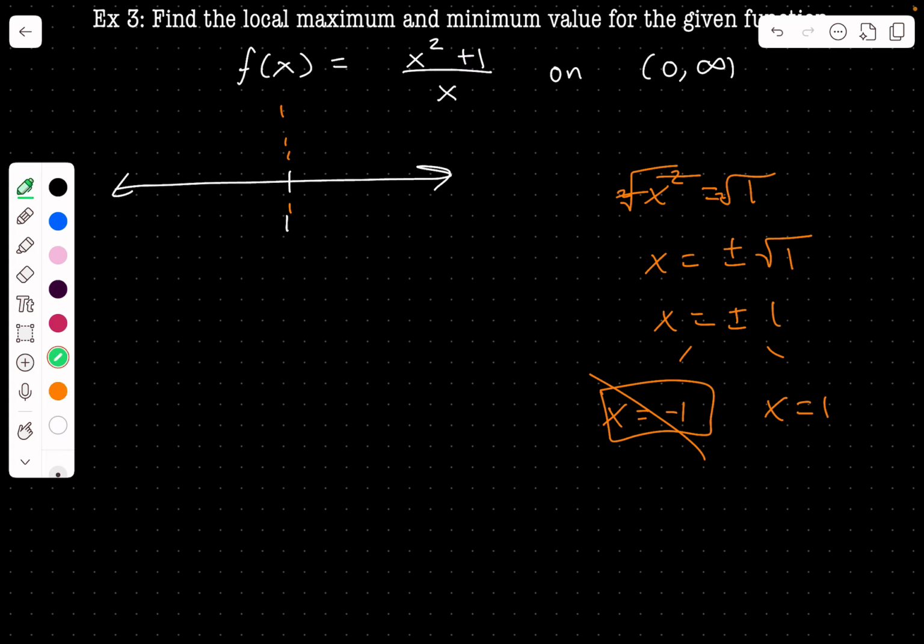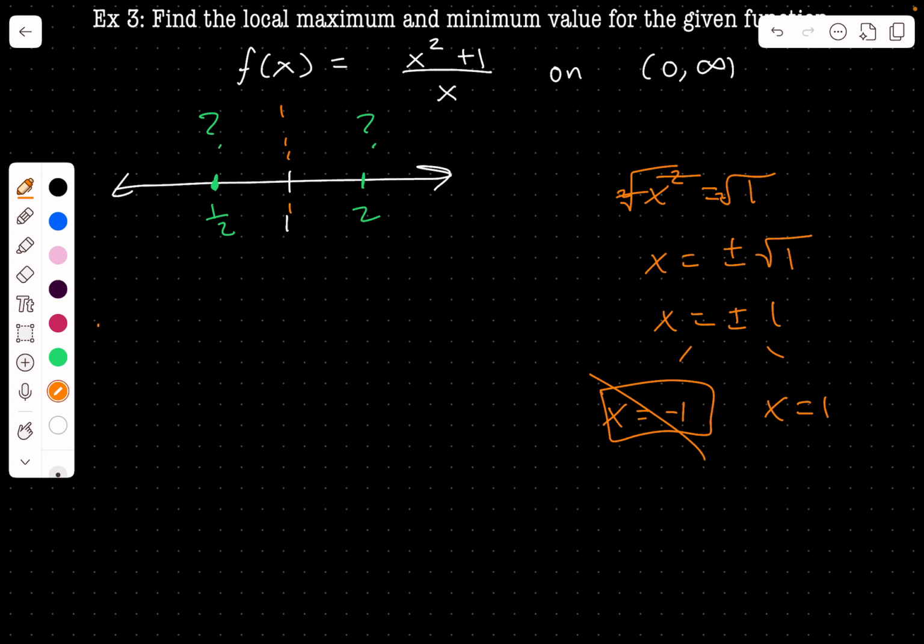Now we must pick 2 points on the left and on the right of it, and we cannot pick 0, so we're gonna have to go with 1/2, and we can certainly pick 2 because it goes to infinity, right? Now we must figure out what these signs are gonna be.